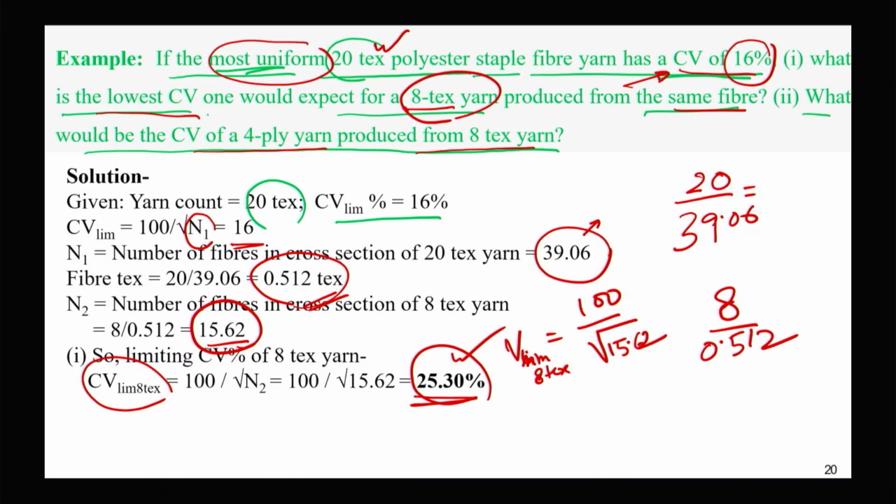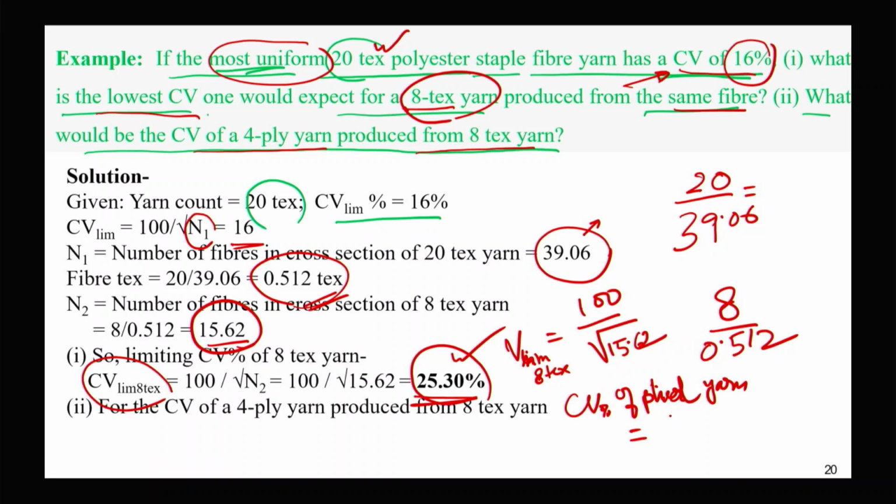So for 8 tex yarn, the relationship is that CV% of plied yarn is equal to CV% of individual component divided by square root of number of ply.